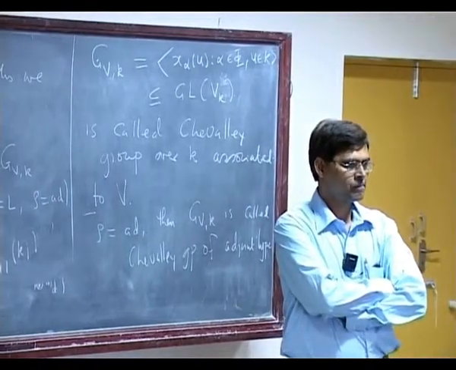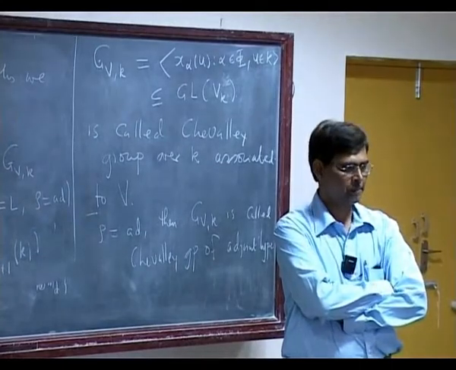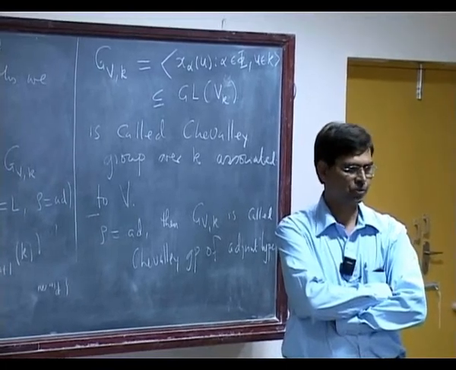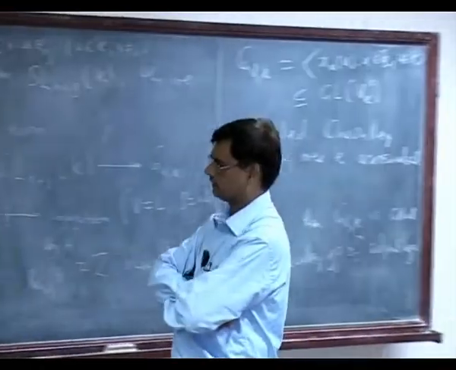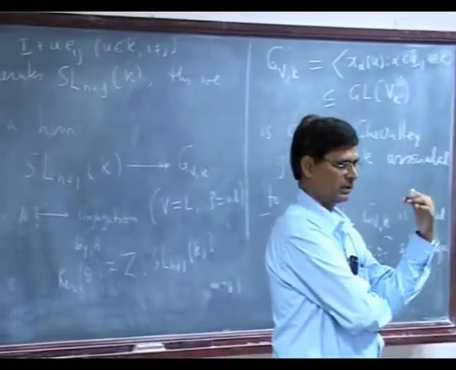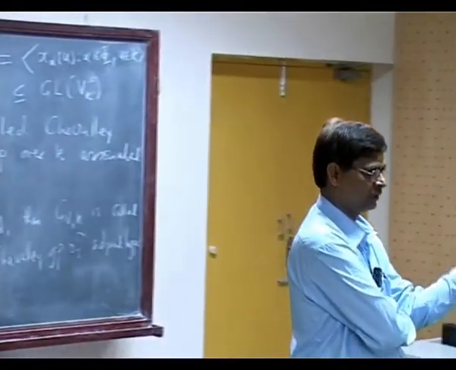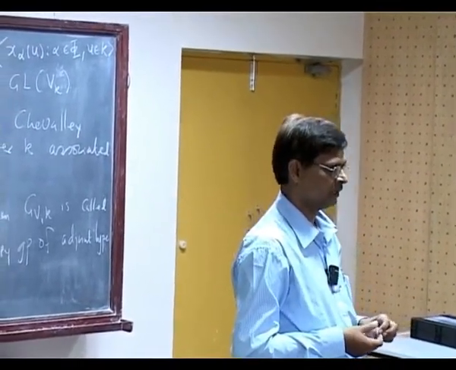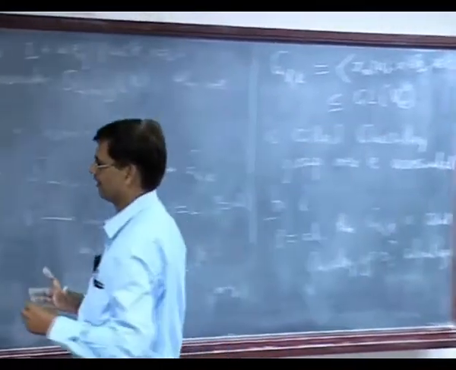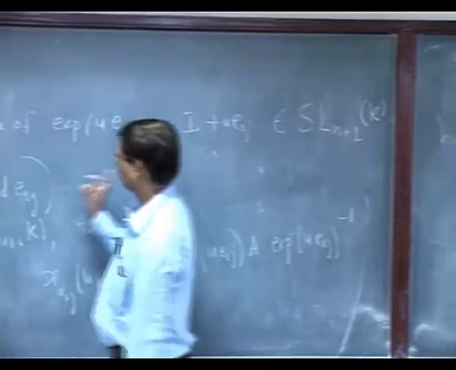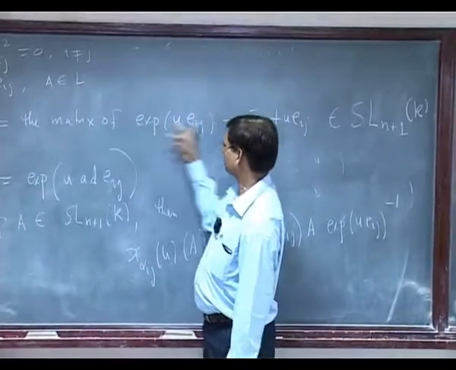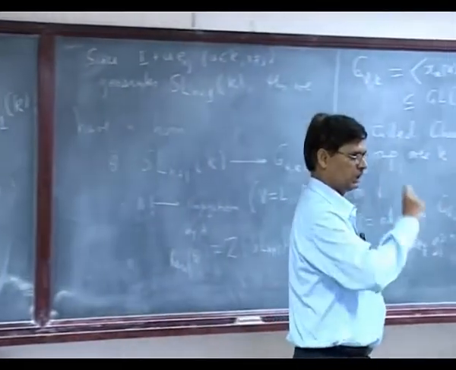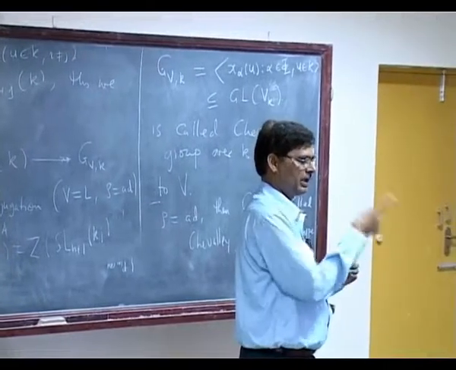And we observe that the automorphism just makes conjugation. So here this A is really the exponential of u E_ij. That is true for the generators, and since they generate, in general the map is A goes to the conjugation by A. Okay, so these matrices generate SL n plus 1 K, and from each one we have a map which is conjugation by exactly that element.